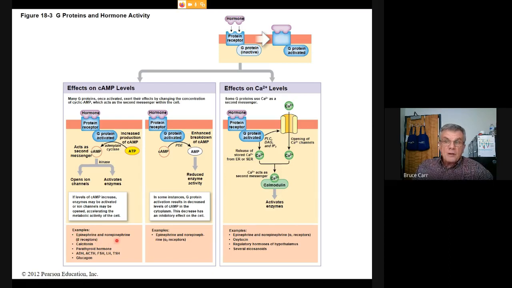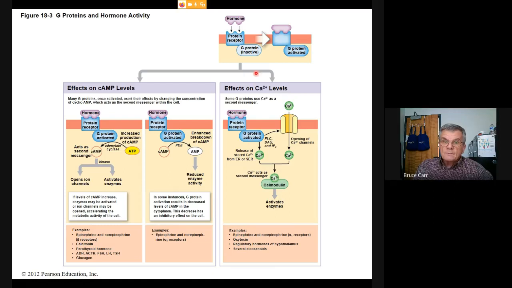Examples are things like epinephrine and norepinephrine on what are called beta receptors, calcitonin, parathyroid hormone, etc. All use this mechanism. Epinephrine and norepinephrine also have other receptors, and adenylate cyclase produces this cyclic AMP. Another enzyme will convert cyclic AMP to AMP.